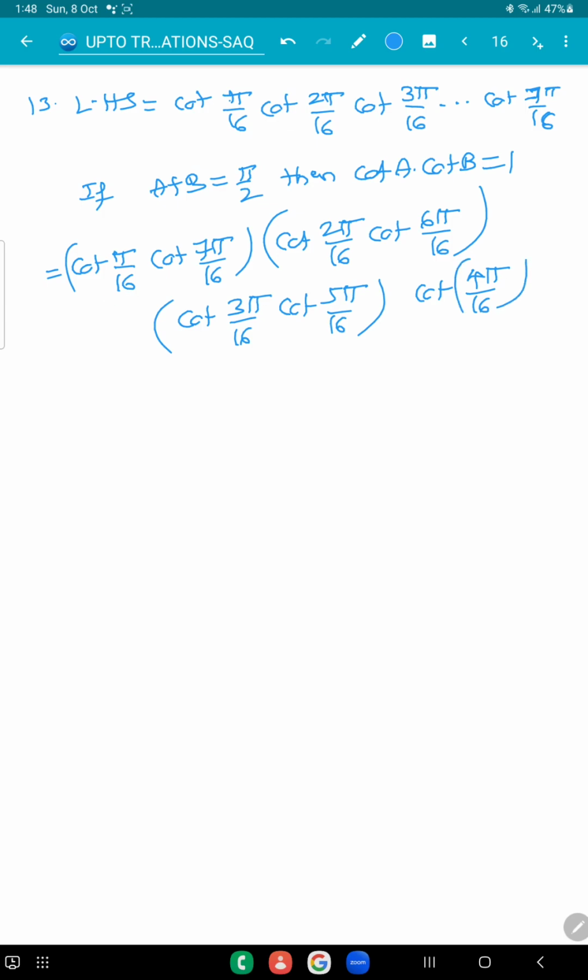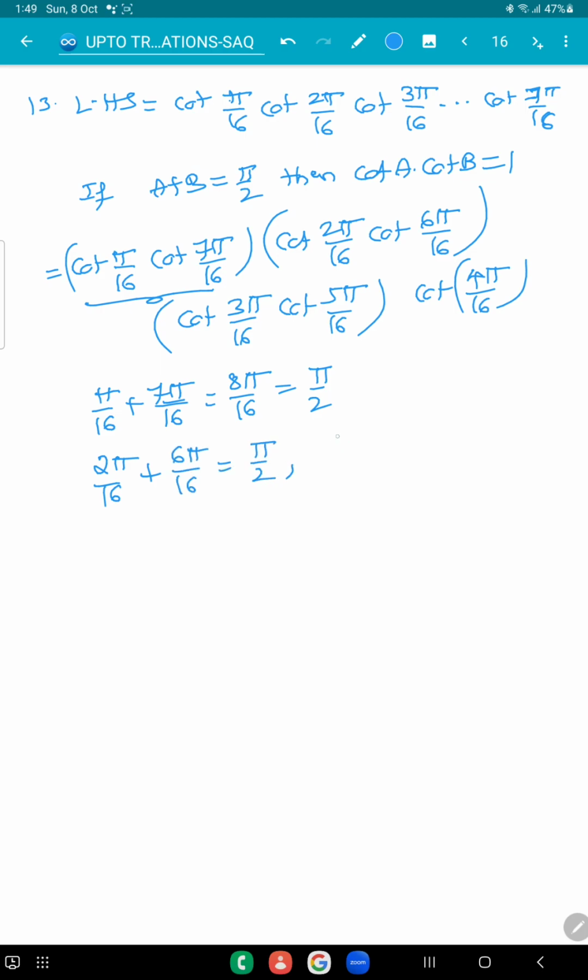Also observe why I wrote this: pi by 16 plus 7 pi by 16 is equal to 8 pi by 16, which is pi by 2. Similarly, 2 pi by 16 plus 6 pi by 16 is equal to pi by 2, and 3 pi by 16 plus 5 pi by 16 is also pi by 2.